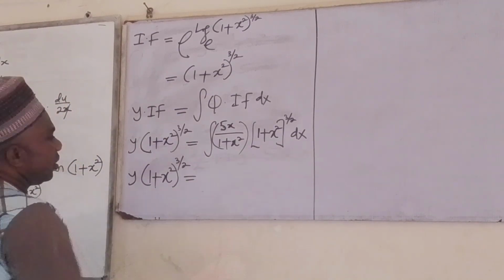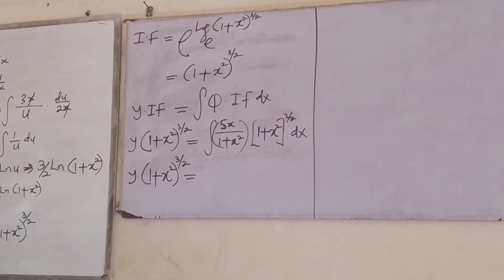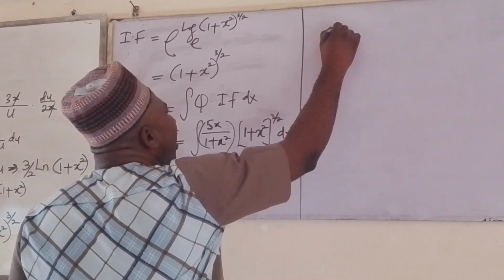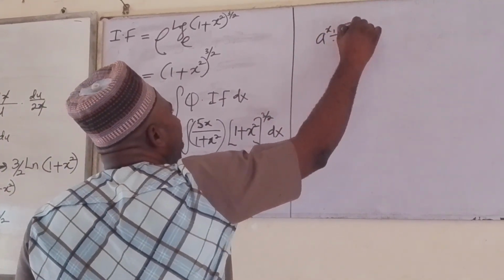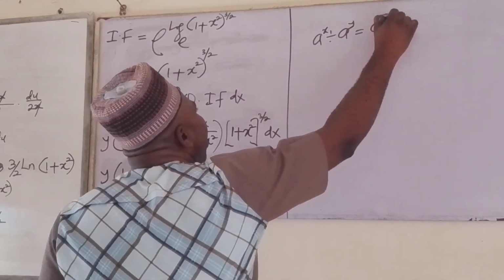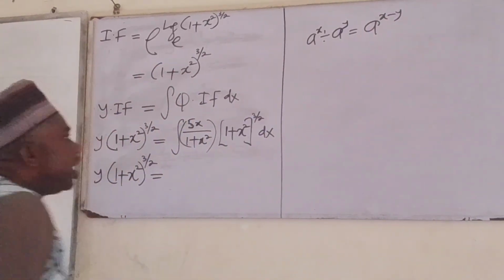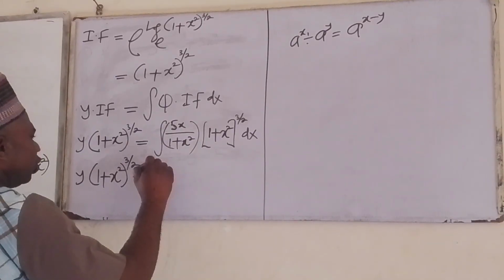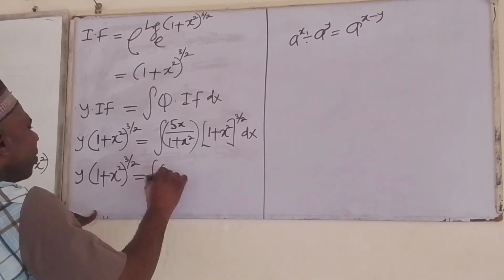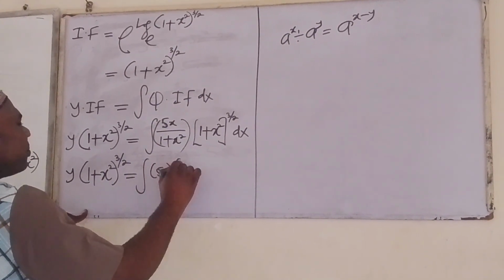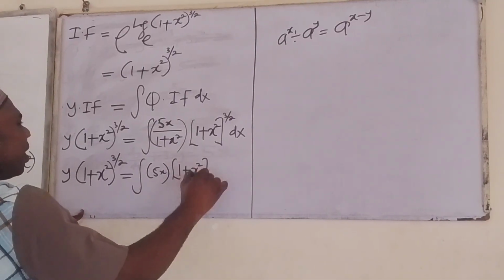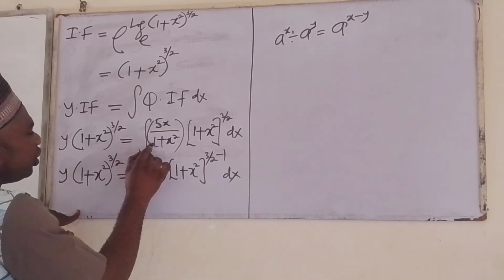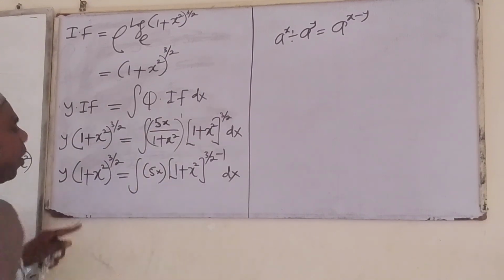Now let's look at this. We all know from indices that a raised to the power of x divided by a raised to the power of y is equal to a raised to the power of x minus y. So it therefore means that the whole of this function will be integral 5x in bracket 1 plus x squared all raised to the power of 3 all over 2 minus 1 dx, because this is the same as saying power 1.